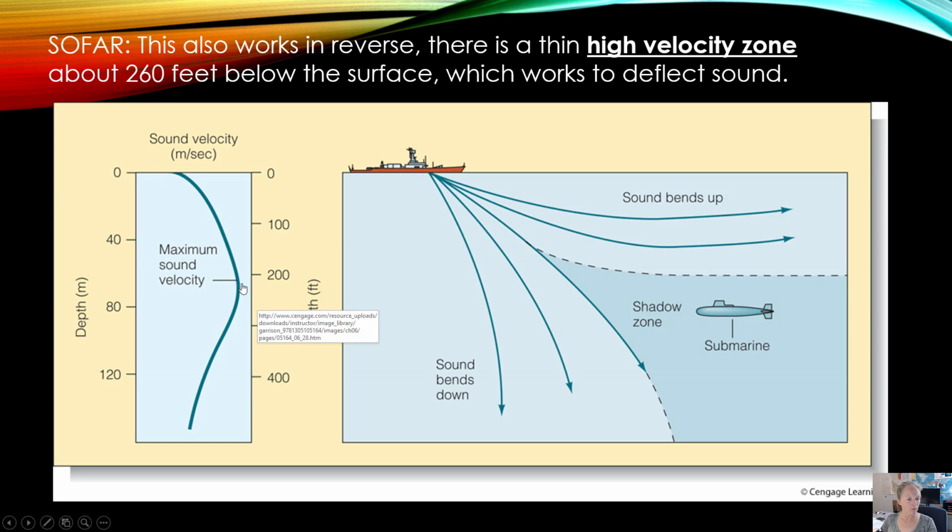A maximum sound velocity, I believe. They said about 260 feet below the surface. There is a high velocity zone that works to deflect sound, all right? And so the relevance of that, if you're interested in things like war, is that if you're sneaking up on someone with a submarine, that's the zone to stay in to make sure that the ships above can't hear you coming.